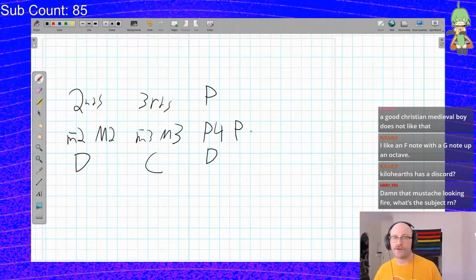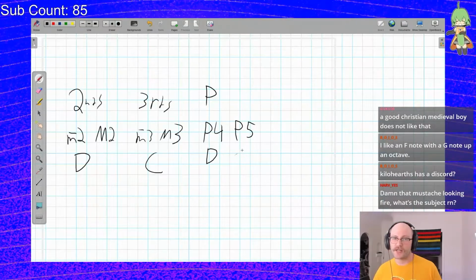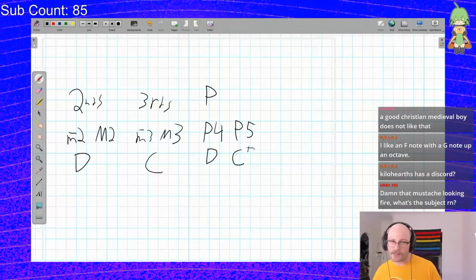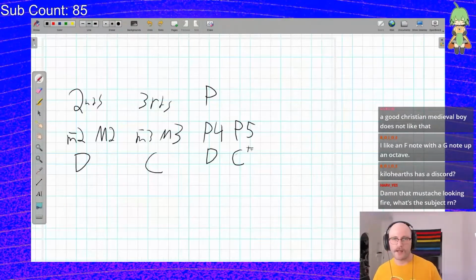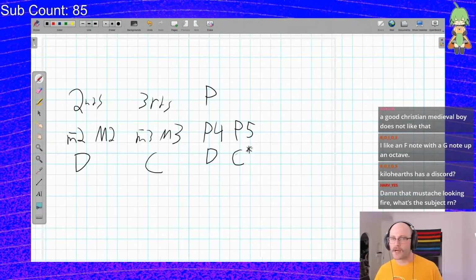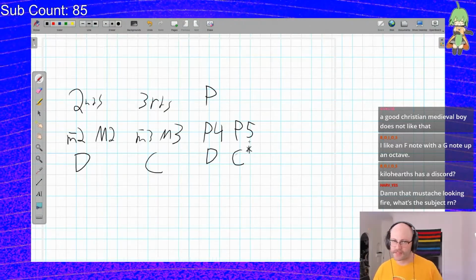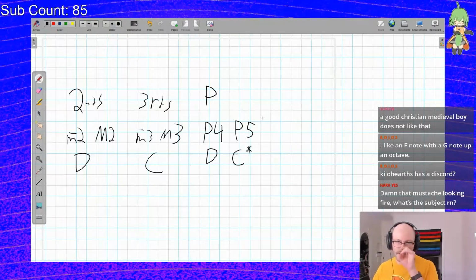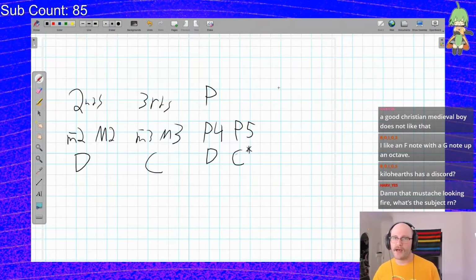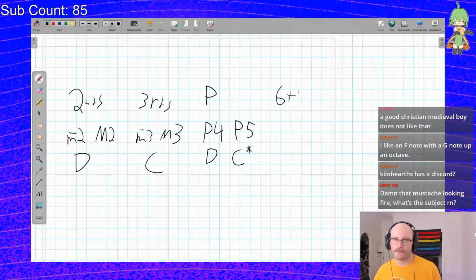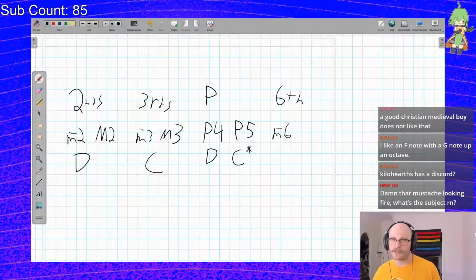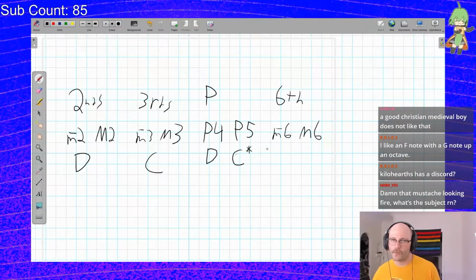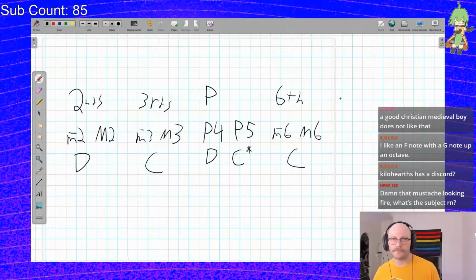Then we have the perfect fifth, which is consonant, but there's a little asterisk on this in terms of what is okay when it comes to the perfect fifth. It's a very special kind of consonance. Then we have the sixths, our minor and major sixths, which are both considered consonant.